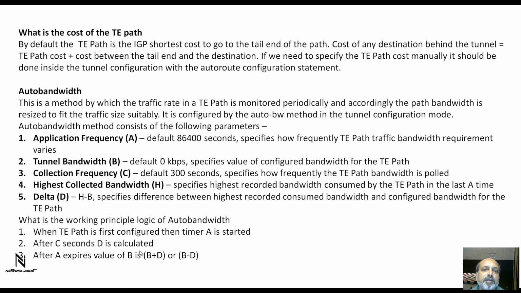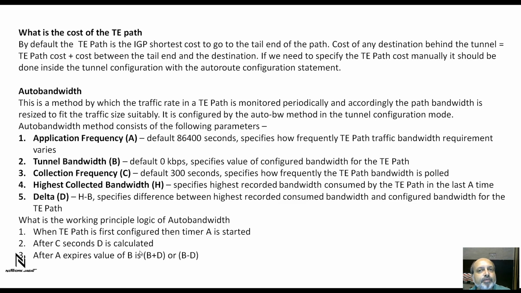That means the entire change of bandwidth happens during 1 hour. The entire ups and downs of the bandwidth happen during 1 hour. And inside this 1 hour, I am polling. That means I am observing the bandwidth condition of my tunnel after every 5 minutes, right?